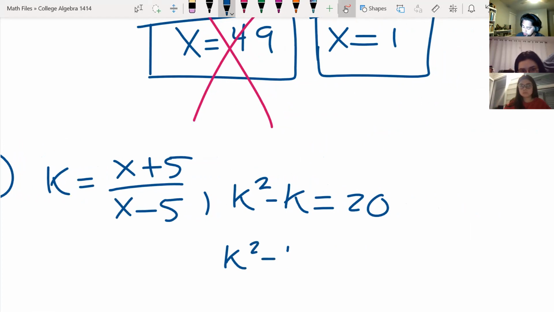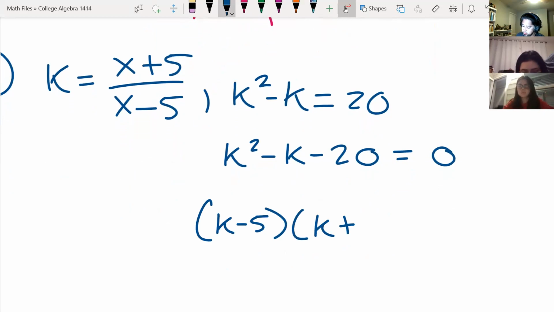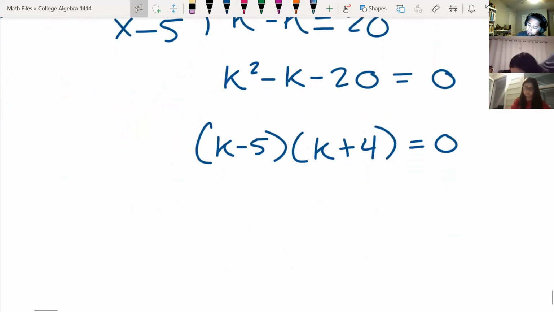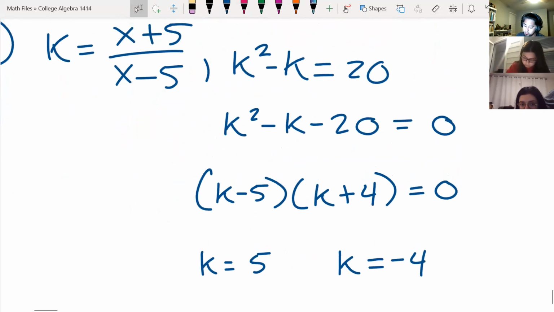You get k squared minus k minus 20 equal to 0, which factors to k minus 5, k plus 4 equal to 0. K squared, 4k minus 5k, we're good. Then k equals 5 and k equals -4. Good so far?